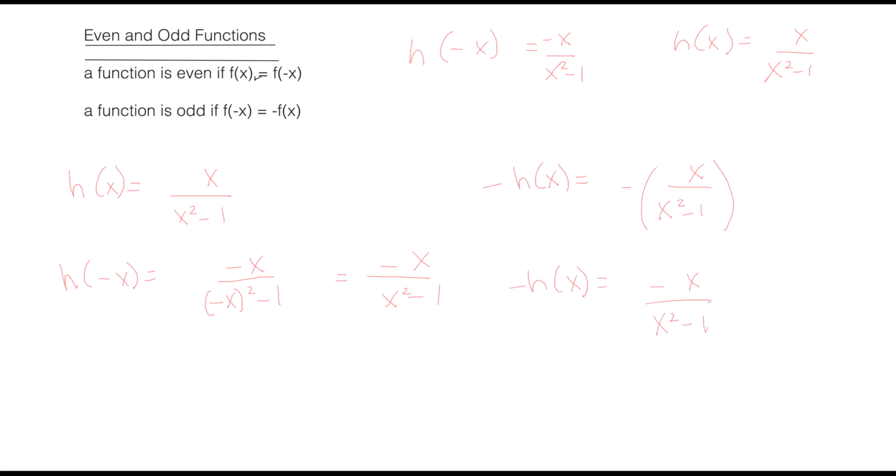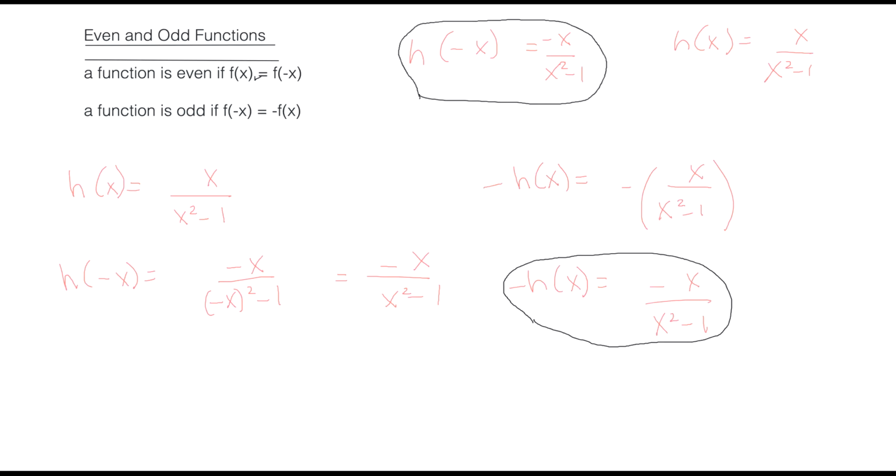Okay, so now we look to see which ones are exactly the same. Minus x over x squared minus 1 and minus x over x squared minus 1. So my h of minus x is the same exact thing as minus h of x. So it's an odd function.